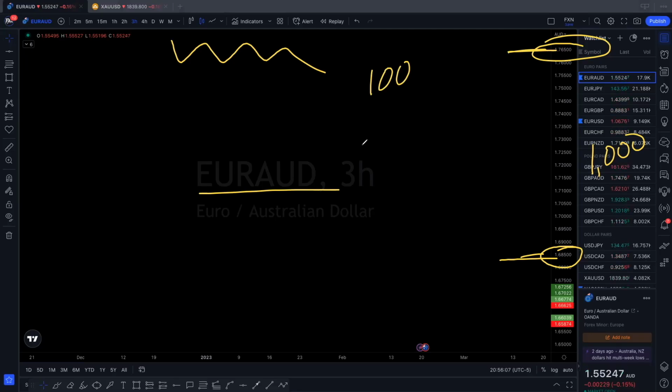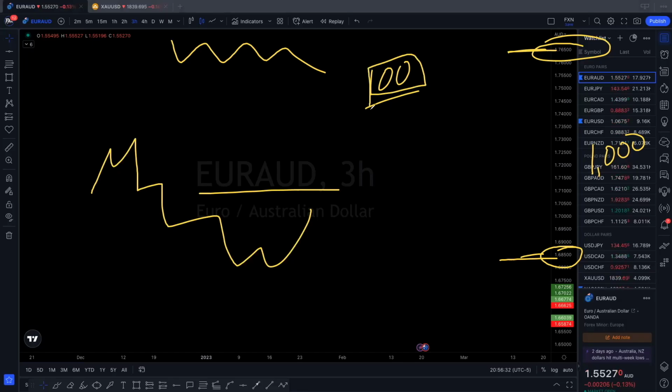what's the average cycle of Euro AUD if the average ADR is 100 pips a day? Ashley: 300. Yes, 300, right? So the average cycle of this pair, if it moves 100 pips a day, is 300.